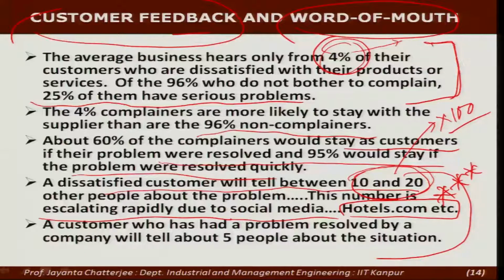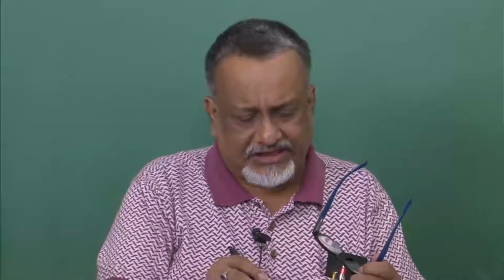So, you should first focus on getting feedback to increase this number from 4% to 24%, 34% or 50%, that will be ideal. And then you address those problems, and you regularly watch the kind of interactions happening on social media, and see that action is taken.